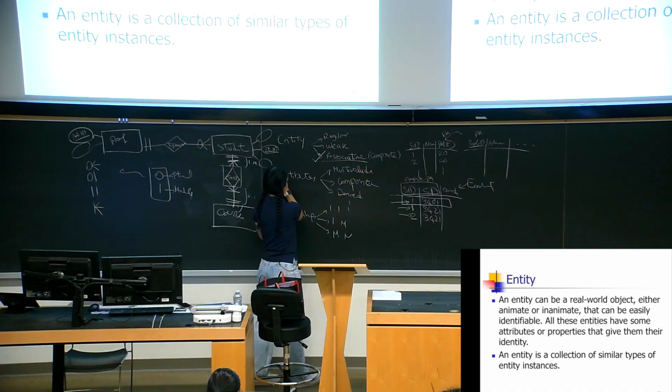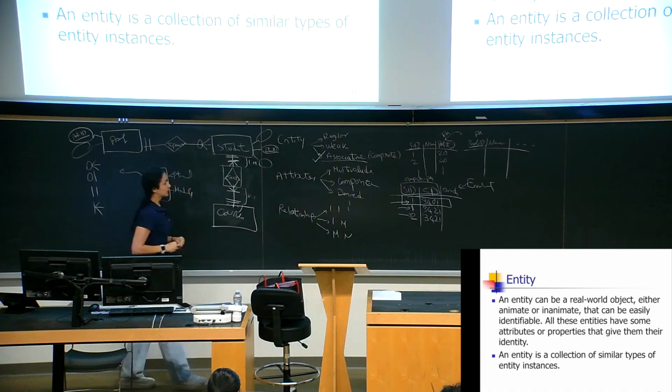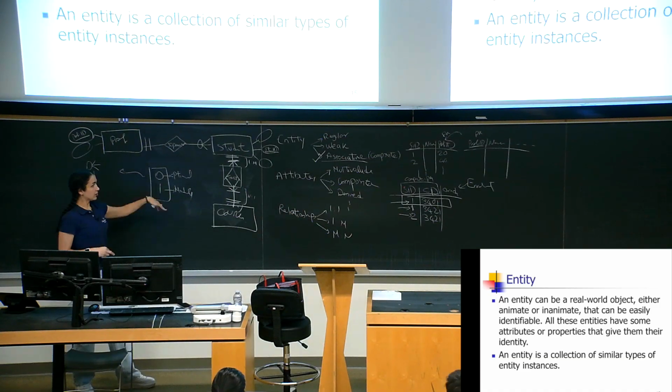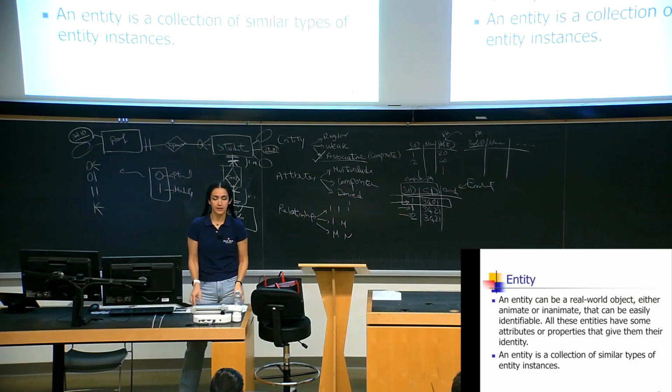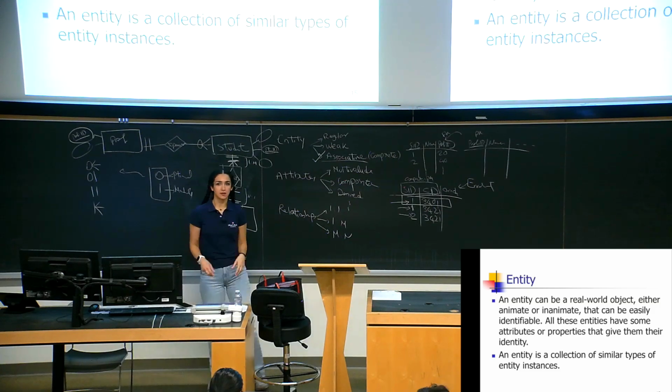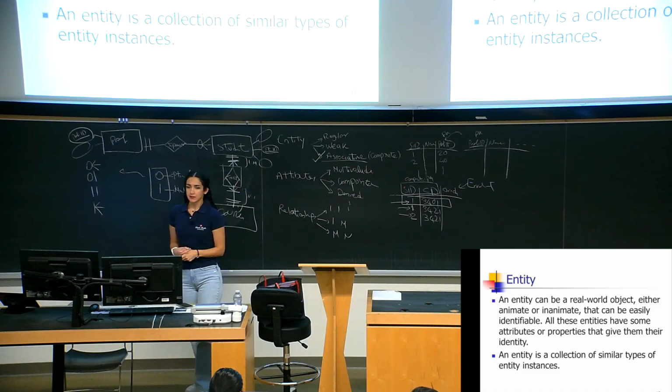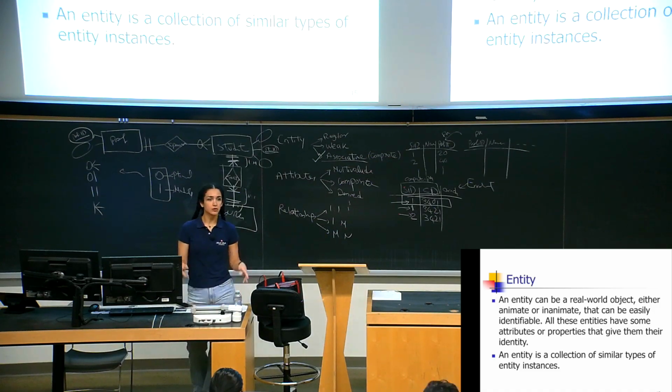Now let's talk about different types of attributes. So far we've seen mainly regular attributes, but sometimes we have, for example, an attribute such as phone number, where you can assume that a student, an employee, a person can have more than one phone number, right?